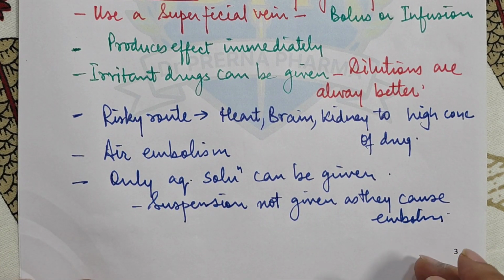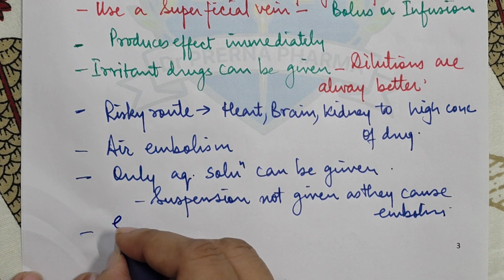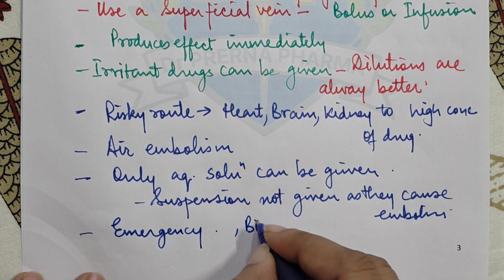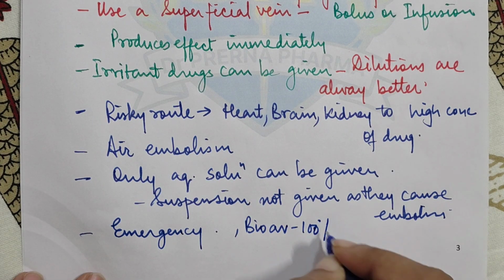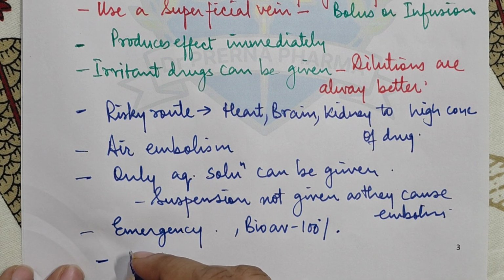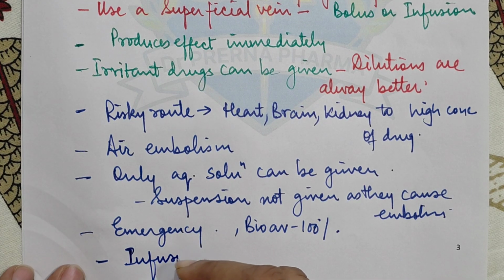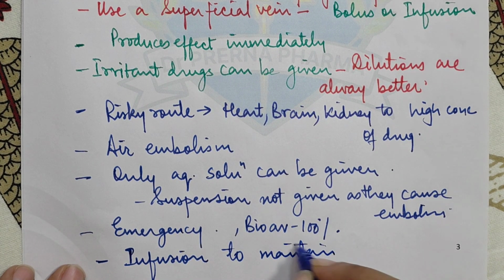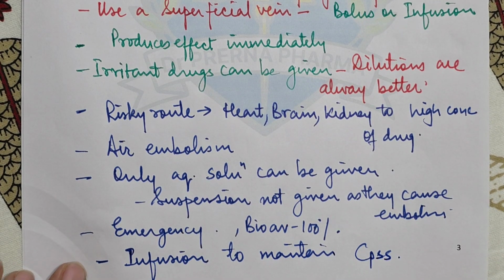So this is the intravenous route. This is the route that can be used in emergency conditions, with very fast action. Bioavailability is 100%. You will study about this fundamental in pharmacokinetics. Infusions of certain drugs are given to maintain CPSS, that is steady state plasma concentration.